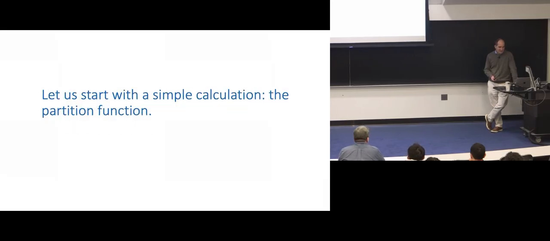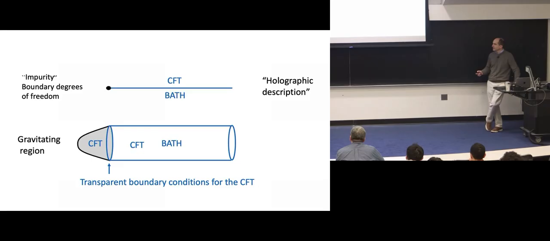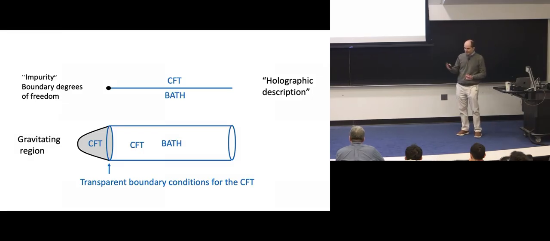We'll start with a simple calculation to explain what's going on in a simple context, and then we'll move on to other calculations. So we will consider a black hole that is interacting with a CFT. The problem we'll consider is we have a near extremal black hole in 4 dimensions interacting with this massless 2D CFT.